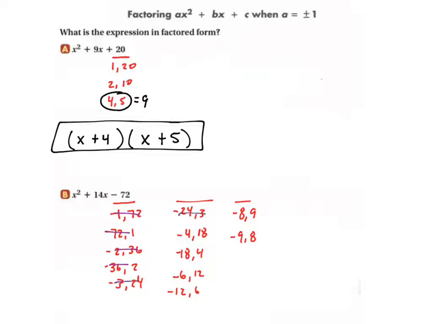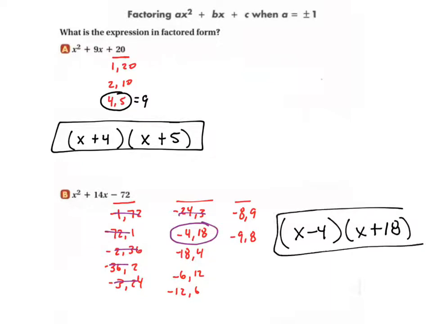Ah, positive 14, here we go. So these two factors multiply to be negative 72, but add to be 14. So what I can do now is split this into two binomials. I've got x minus 4 and x plus 18. If I foiled this back out, I would get the trinomial I started with.